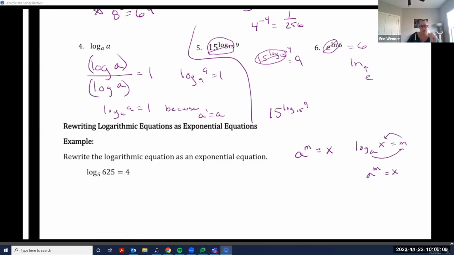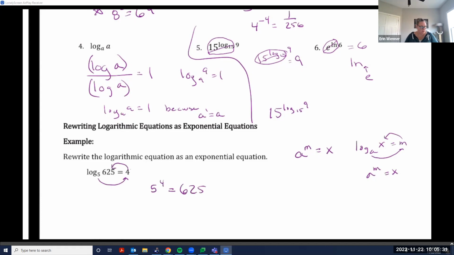I'm not questioning whether it's true. I'm just practicing writing this logarithmic equation as an exponential equation. So I'm going to do 5 to the 4th equals, and the equals comes because I'm coming back across the equal sign, 625. That's all we're doing, practicing writing these in different formats.